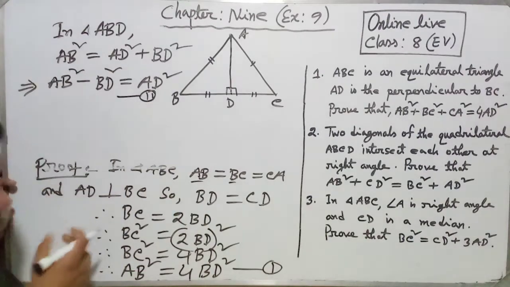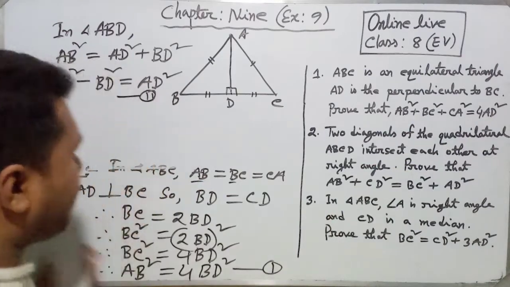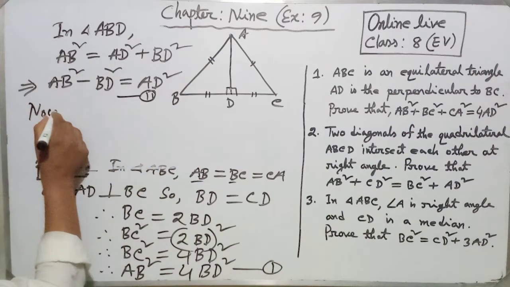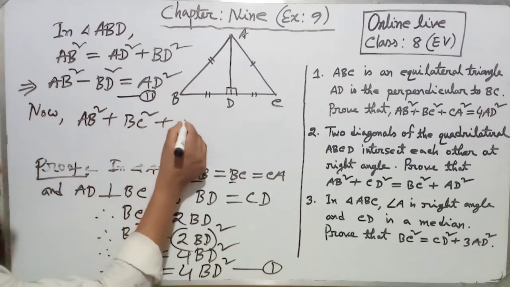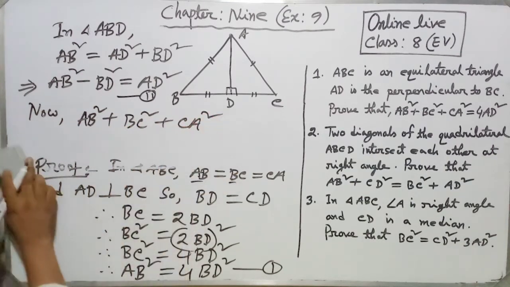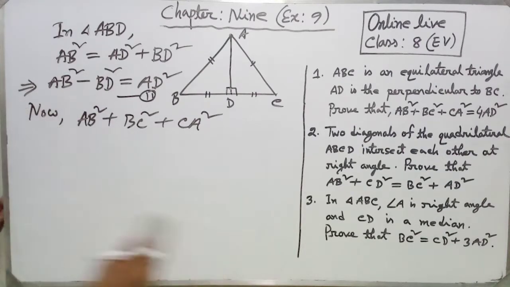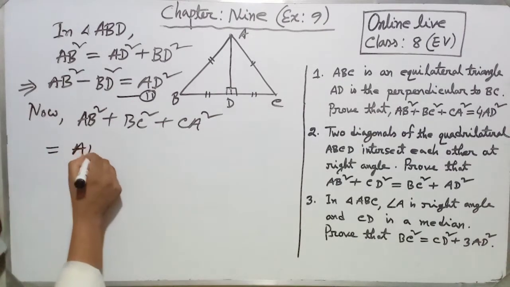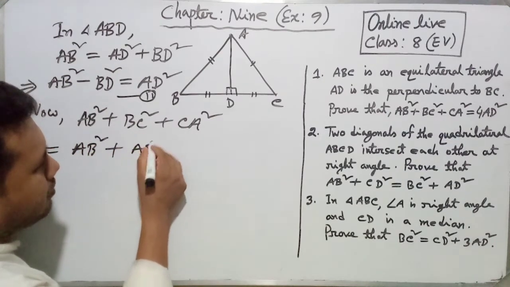No problem. Now we have to prove that this one equal this. So we can say now AB square plus BC square plus CA square. Dear students, look, AB square, this BC square also we can write AB square.